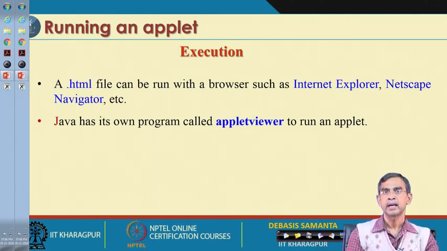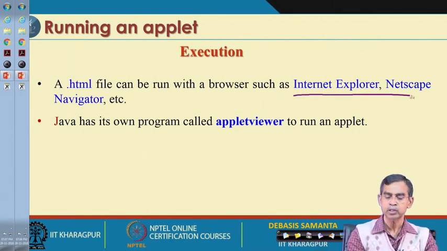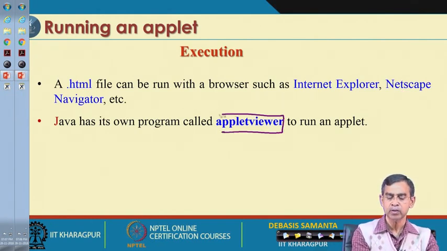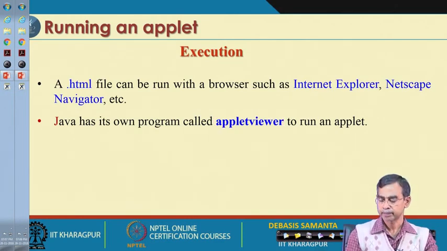Earlier versions of Internet Explorer and Netscape Navigator allowed it, but now, because of security reasons and many more aspects, modern browsers like Mozilla and Safari do not allow browsing any applet code. So we cannot use those, which were earlier possible, but nowadays it is not possible. Appletviewer is the best way to browse an HTML file.